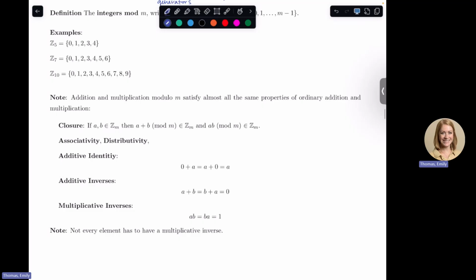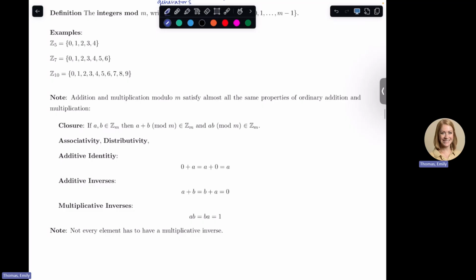These groups are closed. And then finding an additive identity means you can left add or right add and you get the same thing back. That's what it means to be an additive identity. An additive inverse, you left or right add and you get zero. So it's like in regular addition, it's the negative, right? So A and negative A. Multiplicative inverse, find something to multiply by so that you get 1.